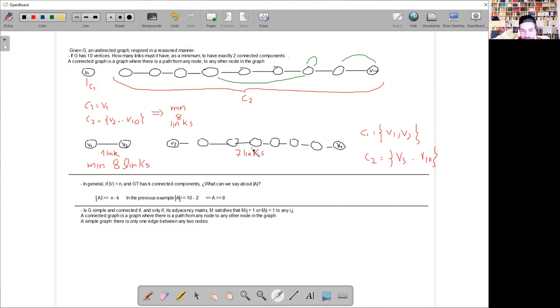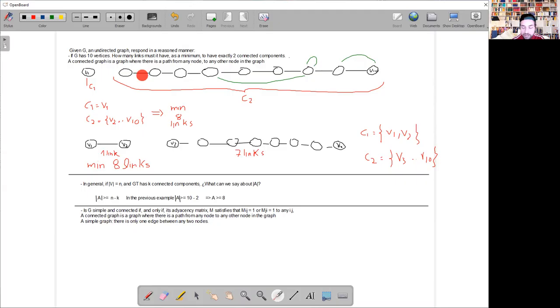So we can see it in the example that we have here. For instance, the easiest in these cases is to look for a counterexample, right? So if we take this connected component, we can see how this is connected, right? And this is simple because we only have one edge between any two nodes.